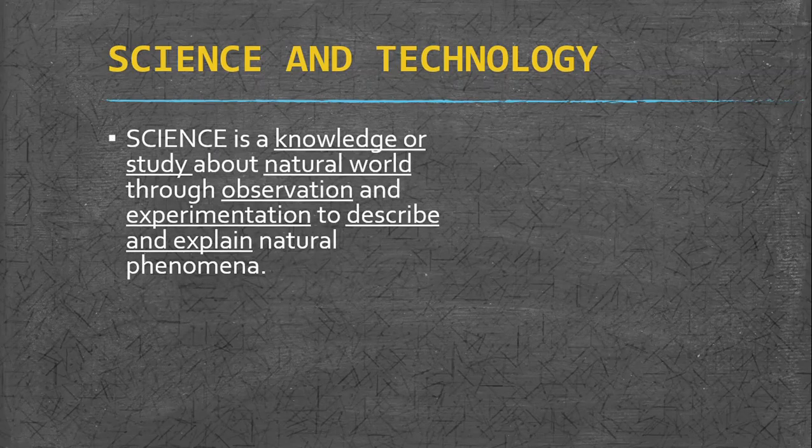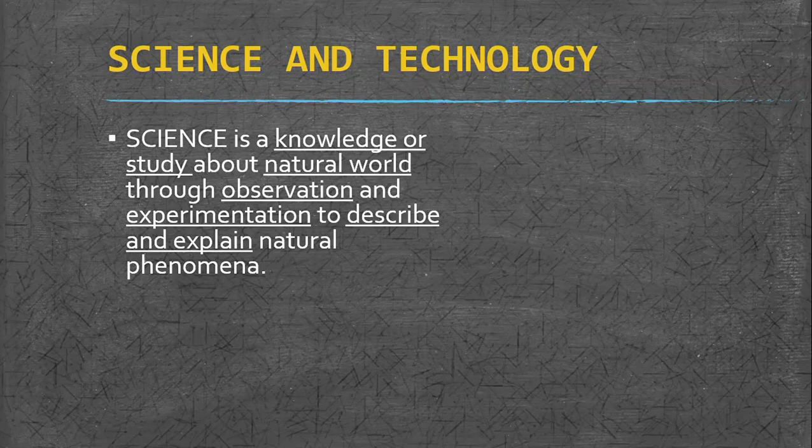Science and technology. Science. Do you know what is science? We have heard many a time the term science. But now this is time to know specifically about science. Science is one kind of knowledge, one kind of study. It's all about knowing.